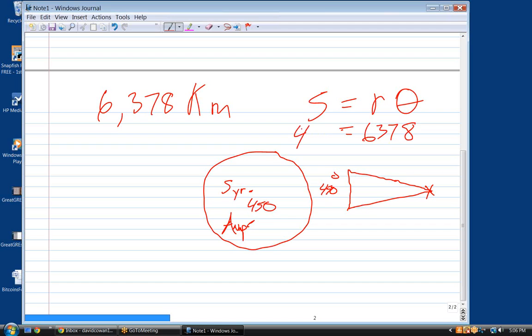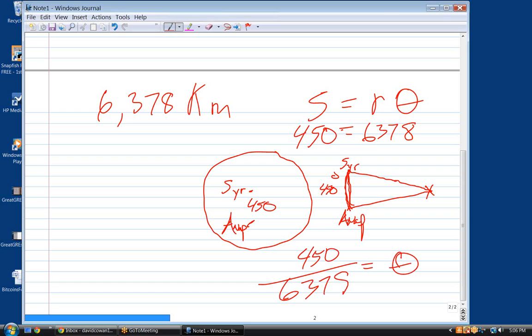S is 450, because S is the arc length, and that's essentially what you're looking at. When I drew it from the side, I should have put a little curvature on it. Here's Syracuse, here's Annapolis. So we can solve for theta. Theta equals 450 divided by 6378.